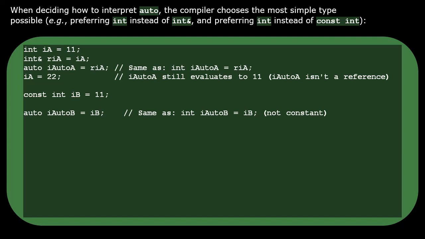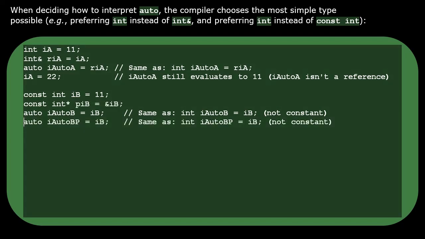The compiler's decision making is not influenced by the fact that the right-hand side initialization value is using a constant variable. Indirection to that constant variable doesn't change anything.